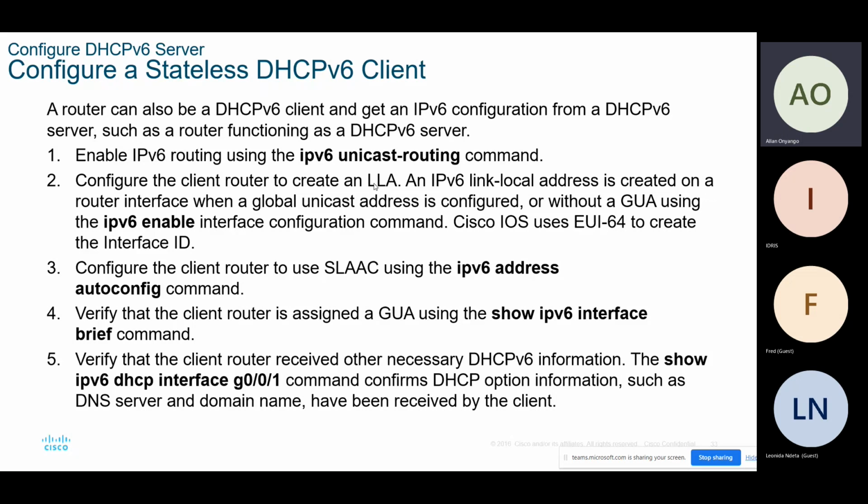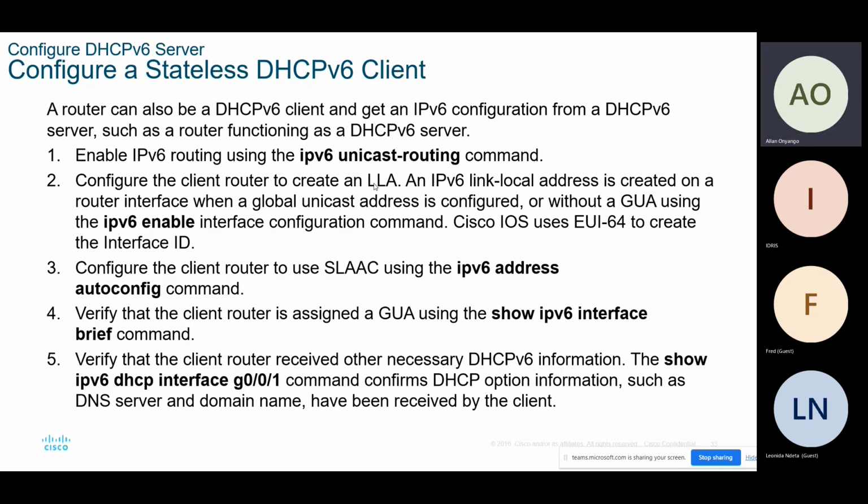But if you don't create a link local address, you can also do another thing. You can use the command ipv6 enable on the interface, and it will use the EUI-64 process to create that interface ID. So that is very, very important. It can still acquire a link local address, and that is important.